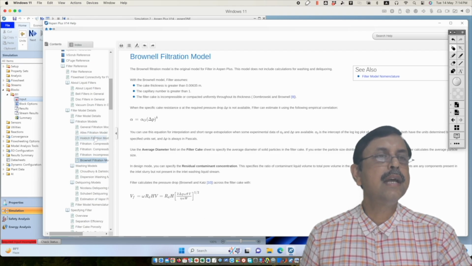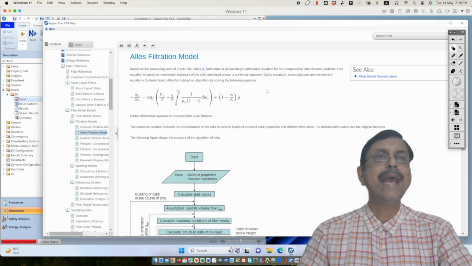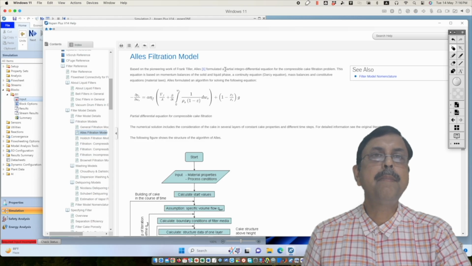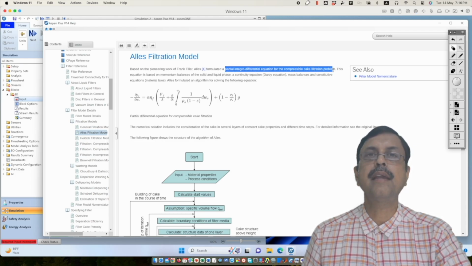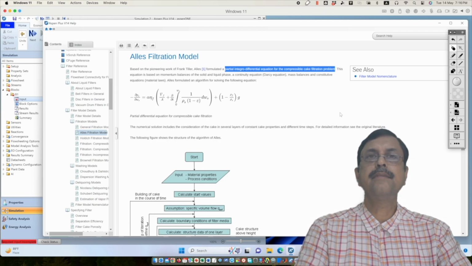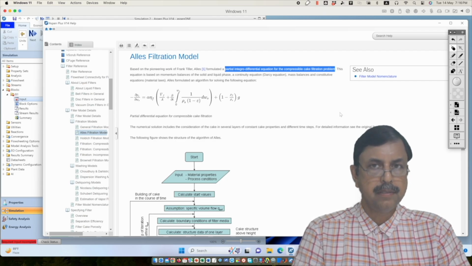Then comes the Alice filtration model. Now, the Alice filtration model is formulated using a partial integral differential equation for the compressible cake filtration problem. In the last two cases, we didn't consider the cake to be compressible.